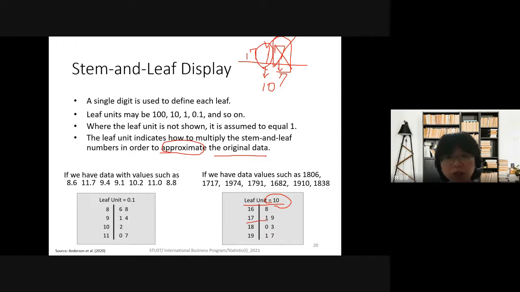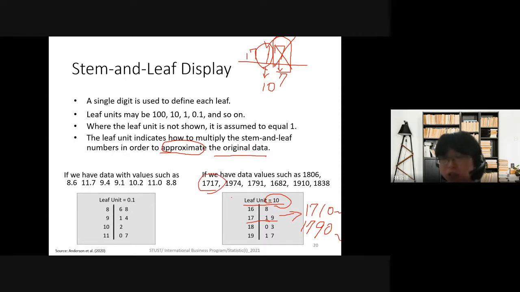So when you see 17 and 19, what does that mean? That means there must be a data value like 171 or a data value that is approximately 1719, and you can come back to check.